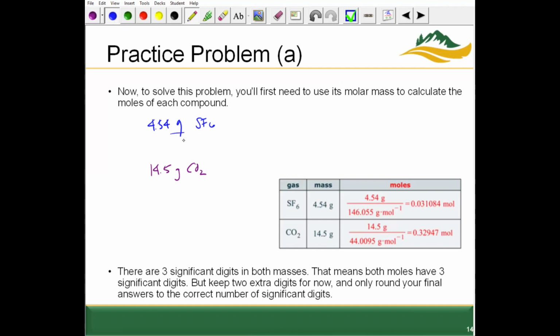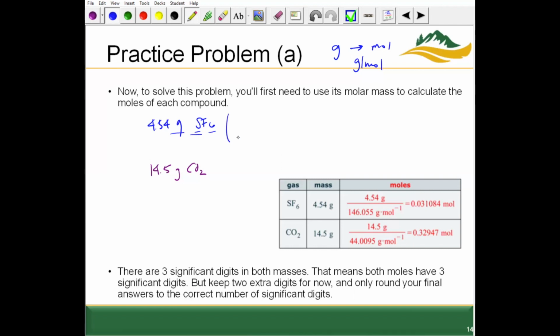To go between grams and moles, we know we need the molar mass. If we go to the periodic table, find the atomic mass for sulfur, then for fluorine, multiply fluorine's atomic mass by 6, we'll get the grams per mole of sulfur hexafluoride.